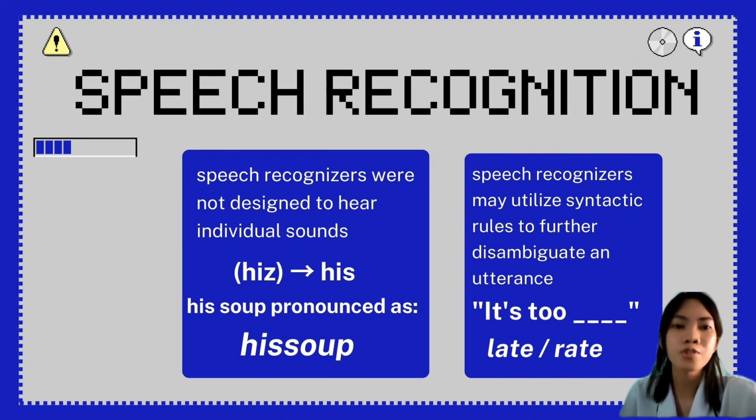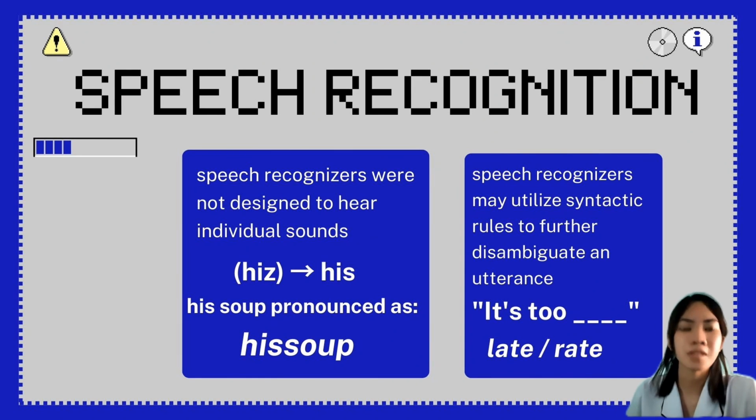Speech recognizers were not designed to hear individual sounds. For example, take the word his. Say, his soup. The way the computer recognizes that specific word is not individually, so the word turns out different from what you've said.